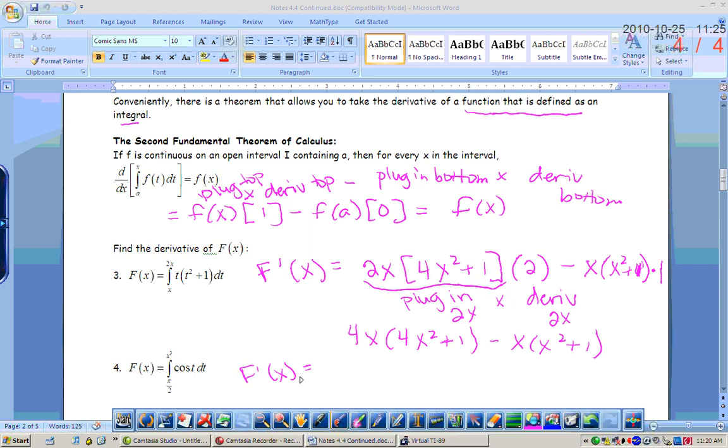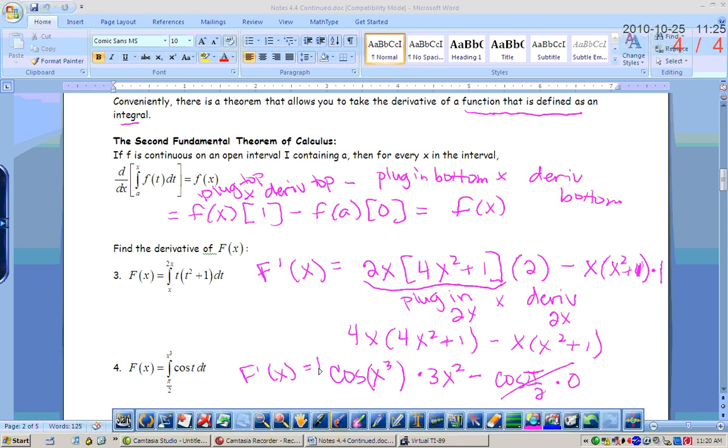And is the bottom limit pi over 2? Okay. All right, so plugging in the x cubed would be the cosine of x cubed times what? 3x squared. So plug in the x cubed times the derivative of x cubed minus, plug in the bottom, so the cosine of pi over 2 times the derivative of pi over 2, which is 0. So what happens to everything after the minus sign?